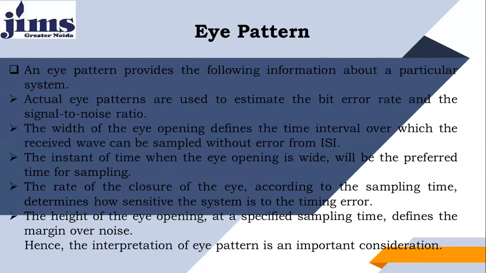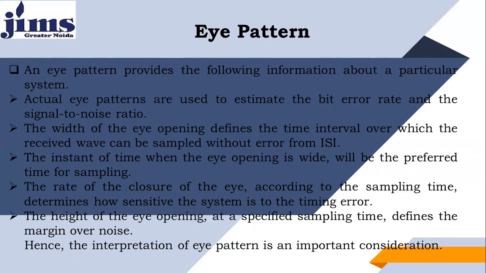The rate of closure of the eye according to sampling time determines how sensitive the system is to timing error. And the height of the eye opening at a specified sampling time defines the margin over noise. Hence the interpretation of the eye pattern is an important consideration.